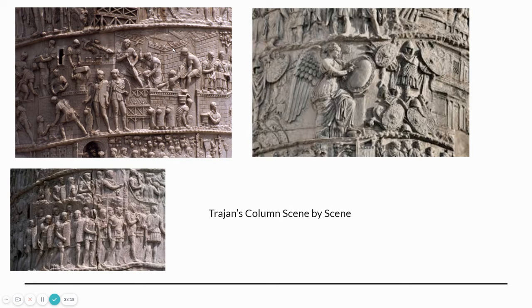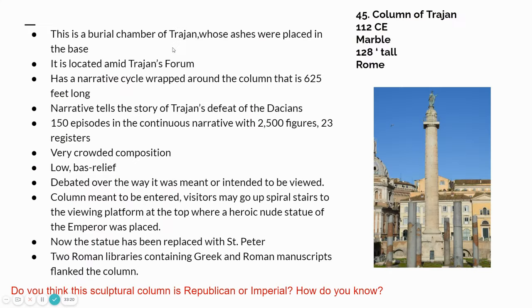It's always treated with something. So it's a very crowded composition. I wouldn't go so far as to call it horror vacui though, okay? Because there is evidence of negative space. We're not looking at layers upon layers upon layers. It's crowded, but it's not horror vacui, okay?